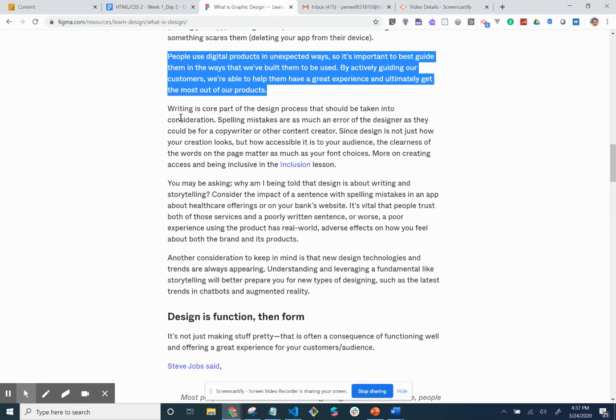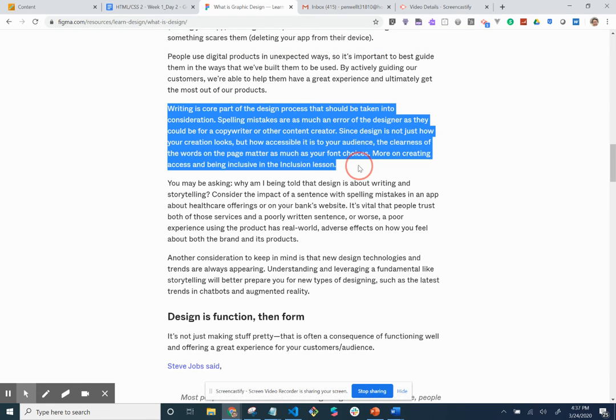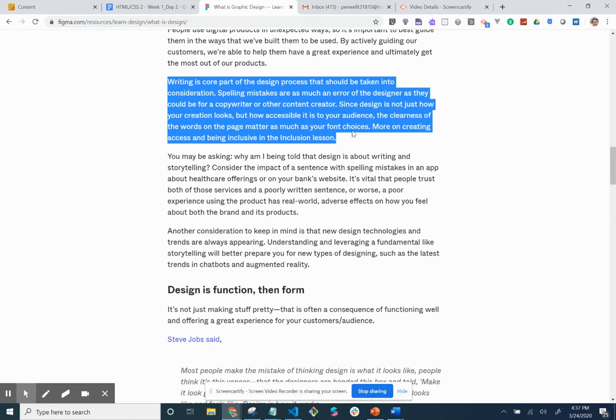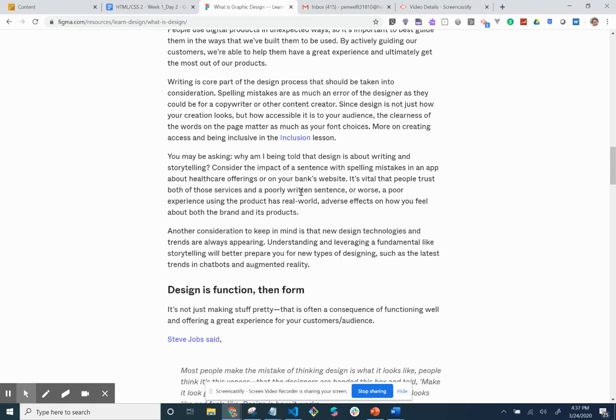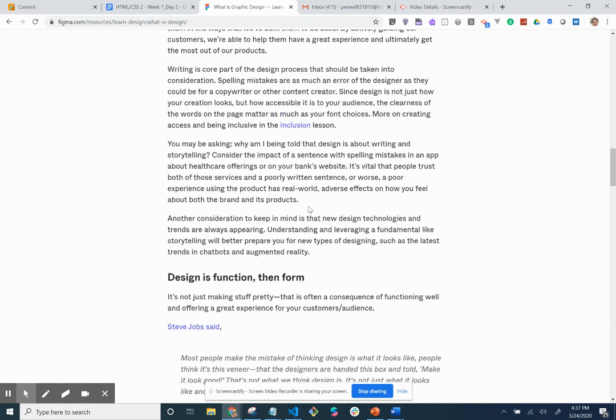Writing is a core part of the design process that should be taken into consideration. Spelling mistakes, you don't want those, typos like you've seen me do several times in this past week. You may be asking why, when being told that design is about writing and storytelling, we talk about considering the impact of a sentence with spelling mistakes.